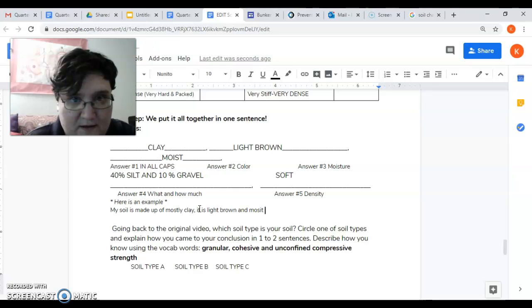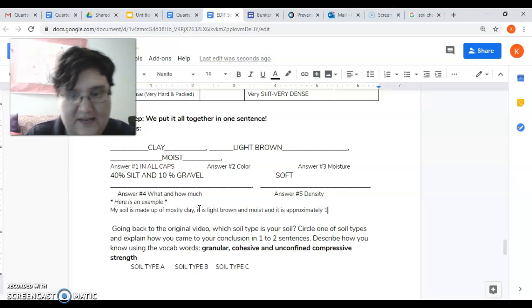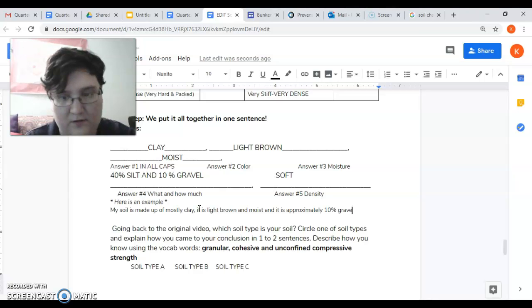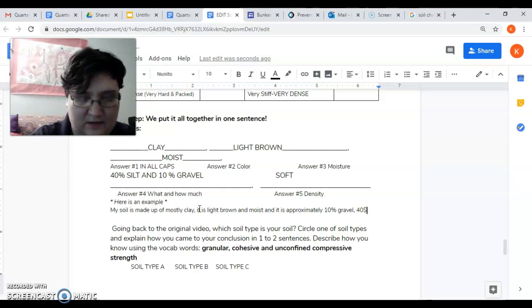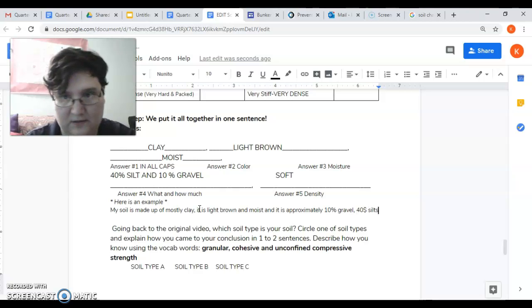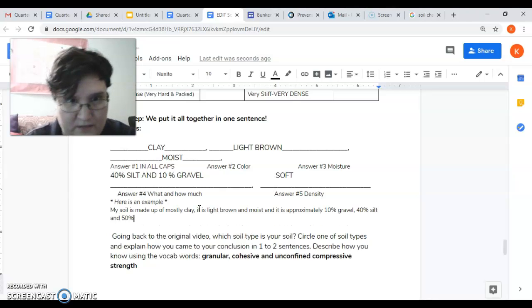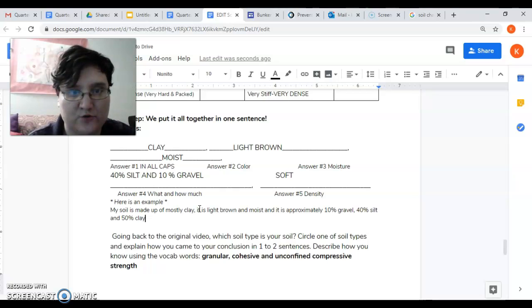And it is approximately 10% gravel. It is 40% silt. And 50% clay. Again, make sure all your percentages add up to 100. So 50 plus 40 plus 10 is 100, so I'm good.